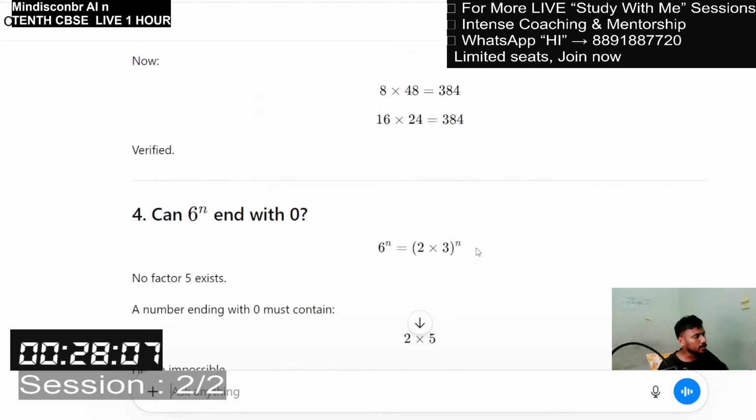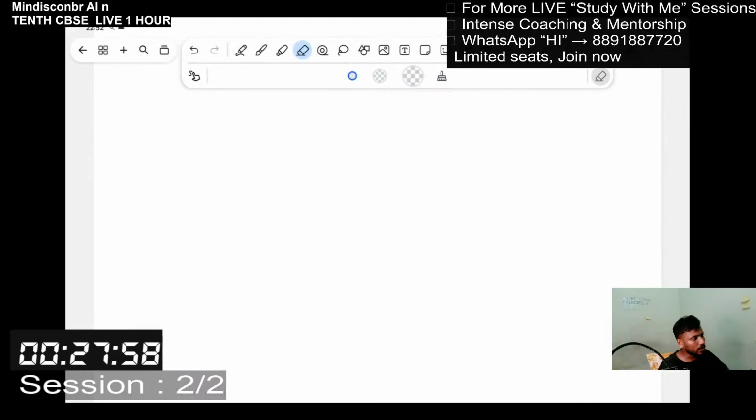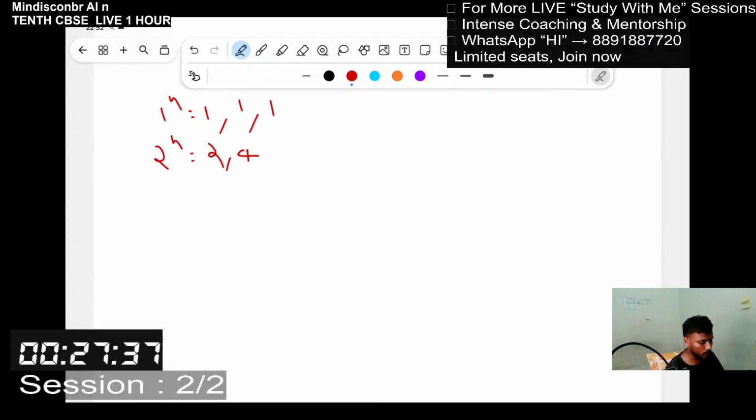Next question: can 6 raised to n end with 0? Similar type questions are asked a lot in the board exam. Here we can write 1 raised to n. 1 raised to 1 is 1, 1 cube is 1, and so on. For 2 raised to n we get 2, 4, 8, 16, 32, 64, 128.